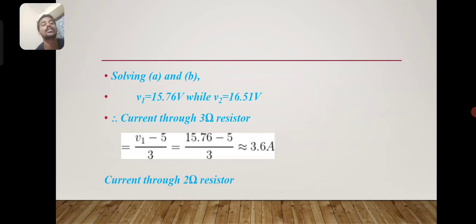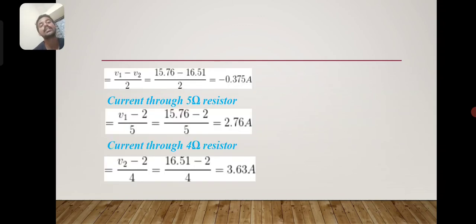Current through the 3 ohm resistor, (V1 minus 5) by 3 is equal to (15.76 minus 5) by 3, which gives us 3.6 amperes. Current through the 2 ohm resistor, (V1 minus V2) by 2 is equal to (15.76 minus 16.51) by 2, which is minus 0.375 amperes.